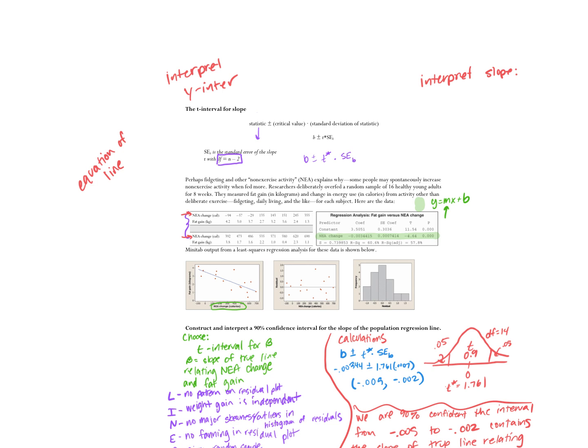The equation of our line is the two coefficients. The expectation when you write out the equation of the line is that it looks like fat gain hat is equal to -0.0034 times the NEA change plus 3.505.